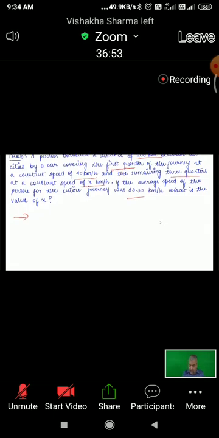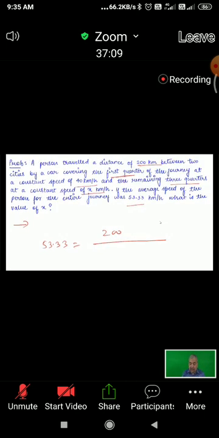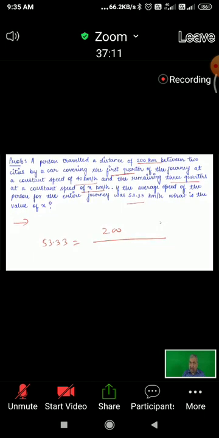of x? So average speed is 53.33 and total distance traveled is 200 kilometer. Now here the challenge is to calculate time. See the first quarter, the person is traveling with a speed of 40 kilometer per hour. First quarter means 1/4 of 200.